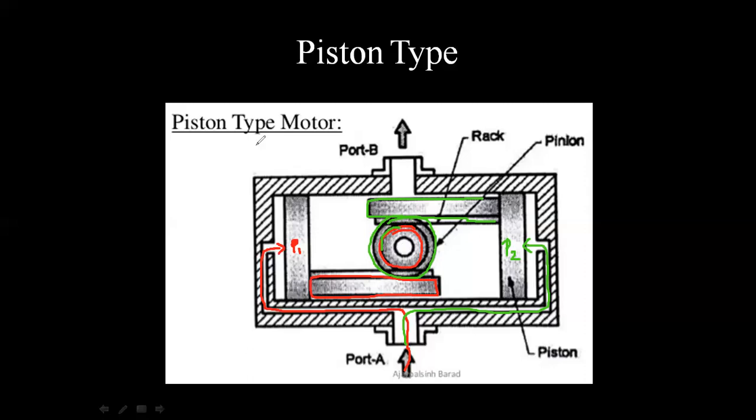So we can get maximum power utilization here. And after rotation, the fluid comes out in this way. So this is how a piston type motor works, where two pistons and two rack and pinion arrangements are involved. So the mechanical work is being converted in a larger amount in this type of piston type motor.